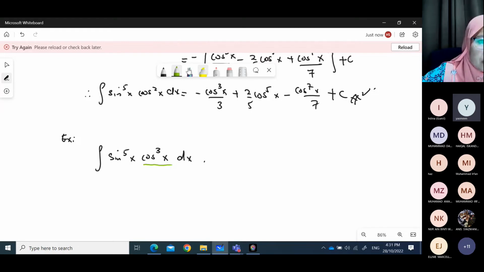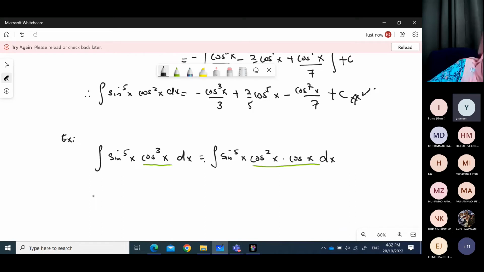Okay. Alright, so look at this one. Okay, so this one I plan to factorize for cosine x. Okay, so here we have sine to the power of 5x. So faktorkan bagi cosine cube. So you akan dapat cosine square x times cosine x dx. Okay, so disebabkan saya faktor bagi cosine x, jadi kita punya identity adalah based on cosine.